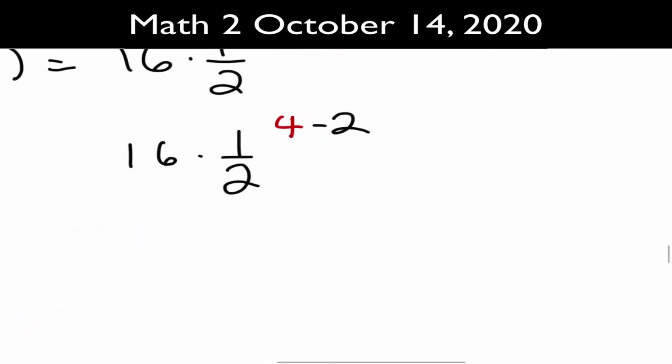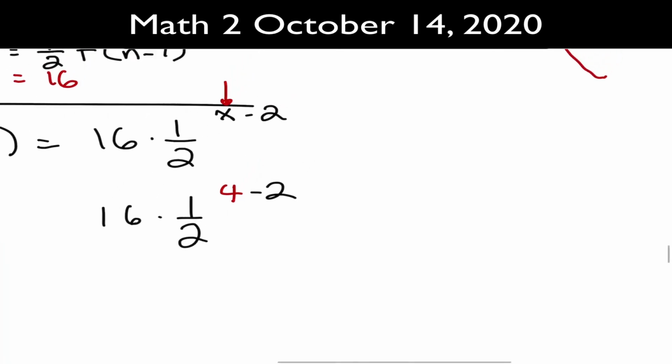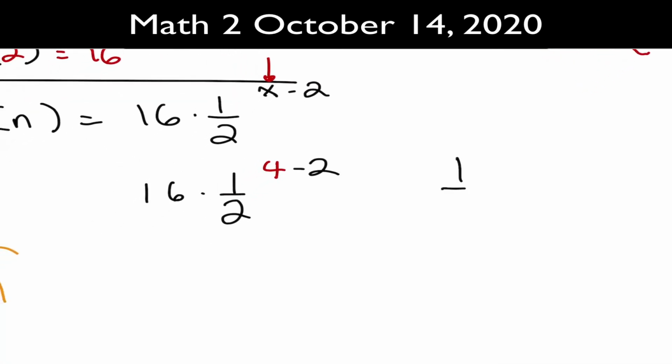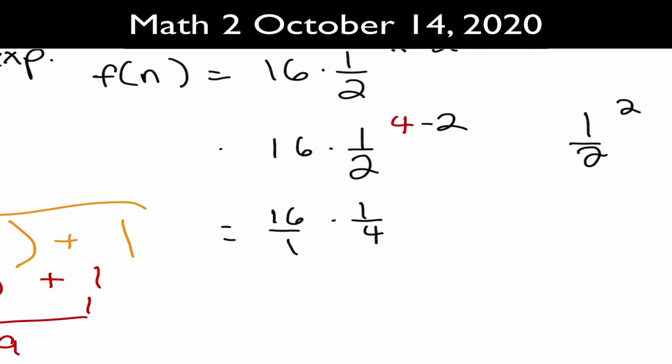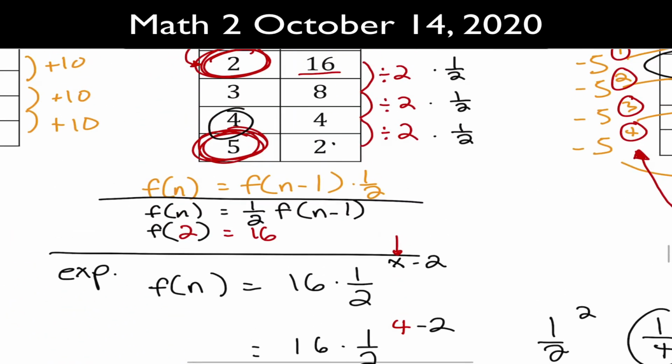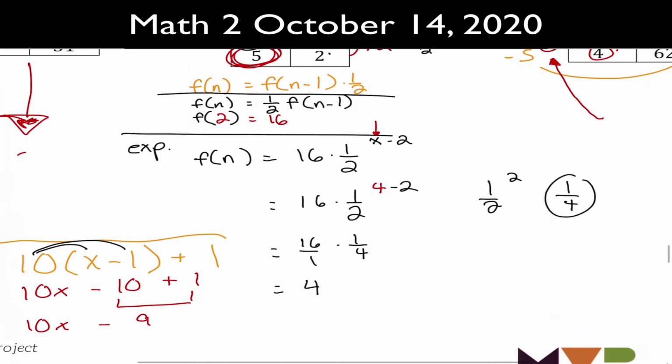And let's see what happens there. 4 minus 2 is 2. So let's say 1/2 to the second power. And that gives me 1/4. Okay, so now let's do 16 times 1/4. And if I go straight across, you should be able to see that that gives me a total value of 4. So let's see if that matches up. Yes, 4 and 4. So that's my equation there.